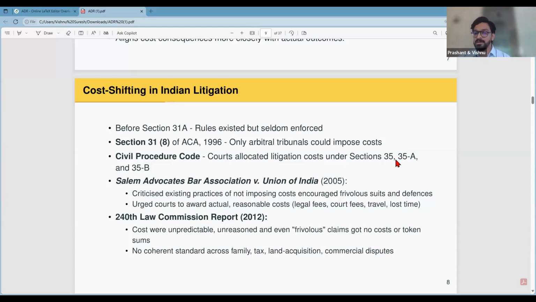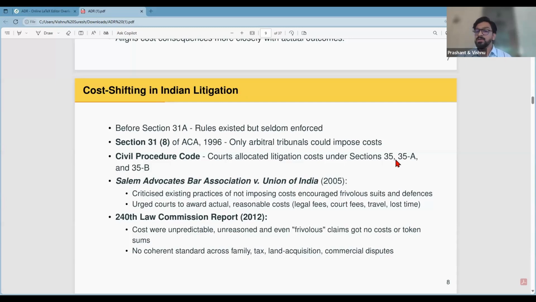This case is very critical to this discussion because it inspired the 246th Law Commission report to recommend Section 31A in the first place. What did the judgment say? The essence was very simple. It criticized the practice of not imposing costs and observed that this encourages frivolous suits and defenses. It urged courts to award actual and reasonable costs.